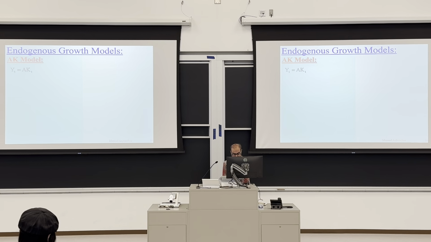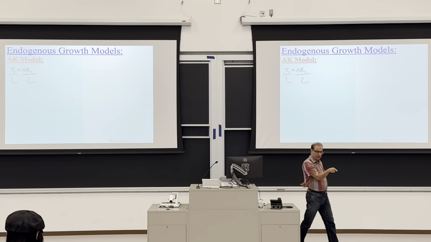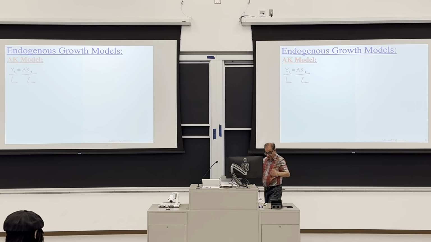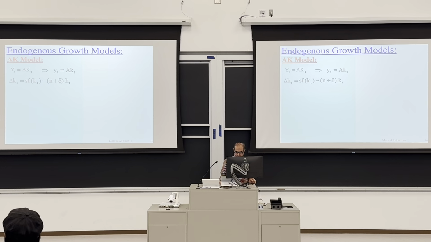Why? Okay, so let's do this under the framework of the Solow model. I told you, whenever you get a production function, make it per capita, per labor, okay? So this is the per labor production function, and just plug everything that you have into your Solow equation.